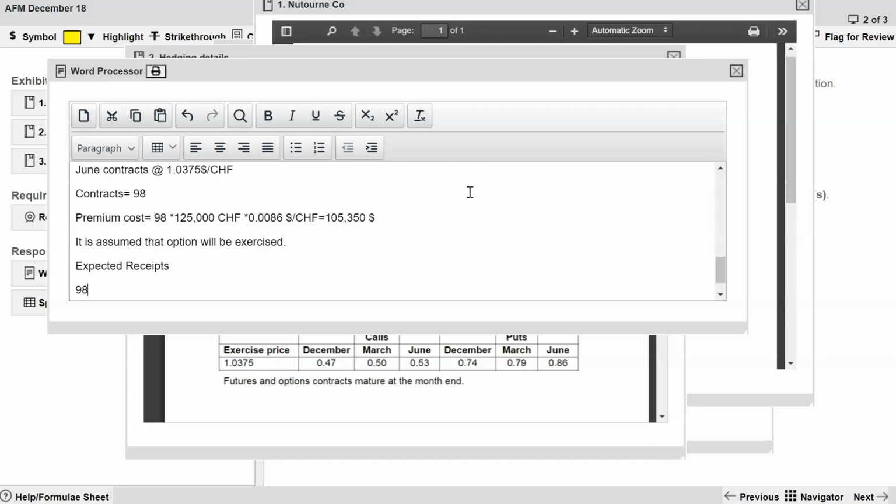You have done 98 contracts, 125,000 is the contract size, times the exercise price 1.0375 dollar over CHF. Why am I multiplying with the exercise price? Because your expected receipt should be in your home currency. And it is 12,709,375.